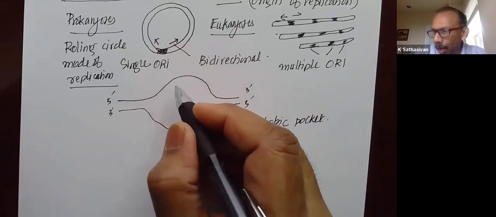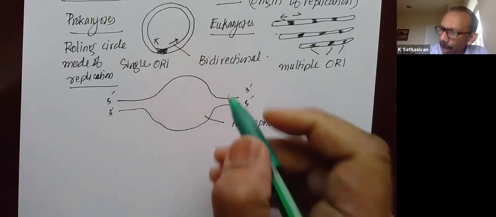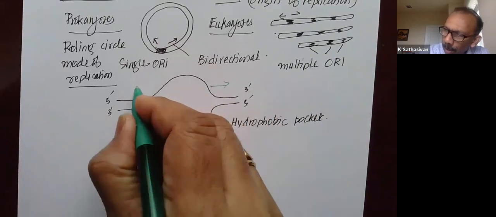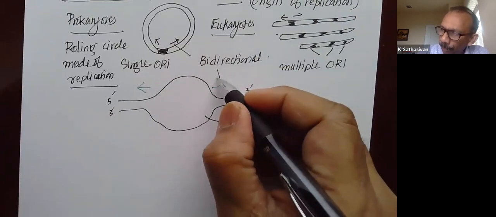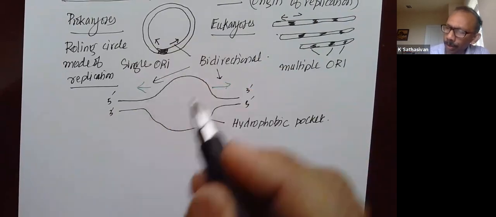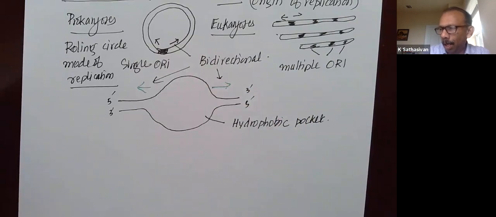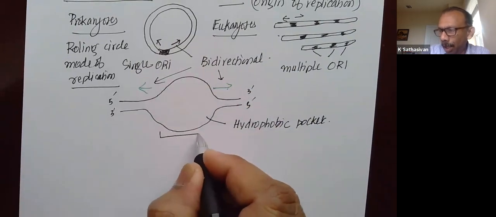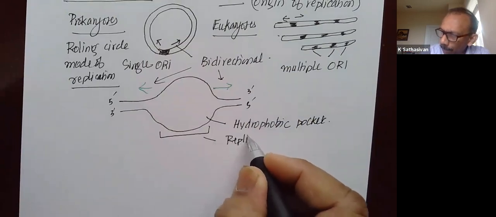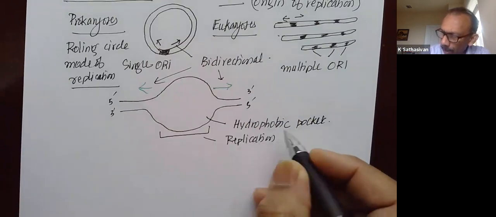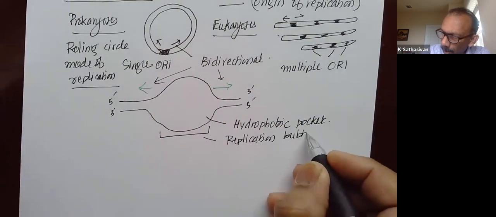So this replication is going to happen, as I said, bidirectionally. That's what these arrows mean. It is going on both ways. And this entire thing, you call this the replication bubble.